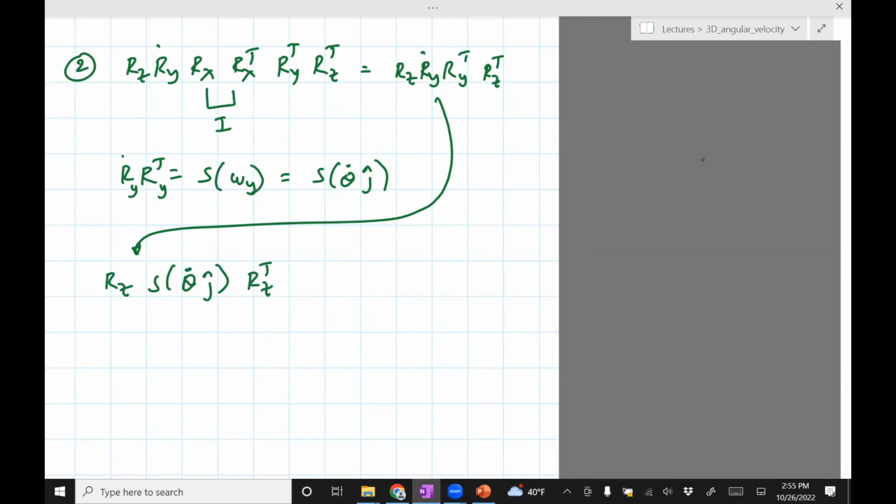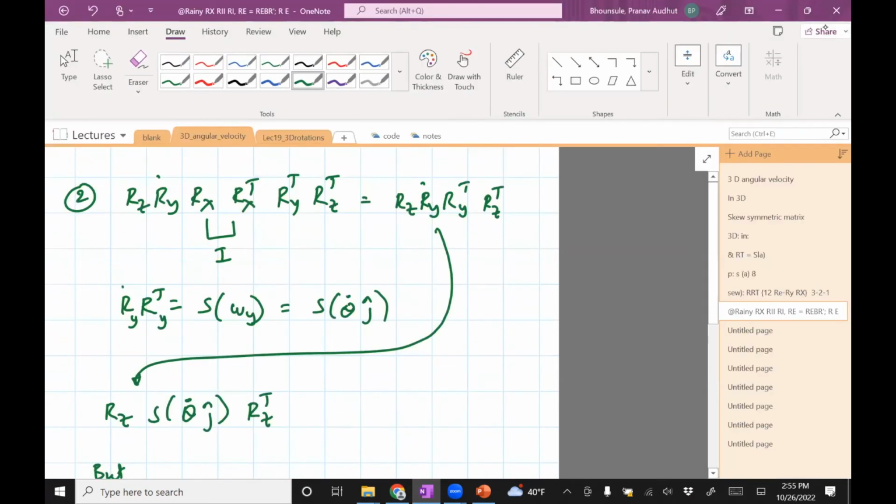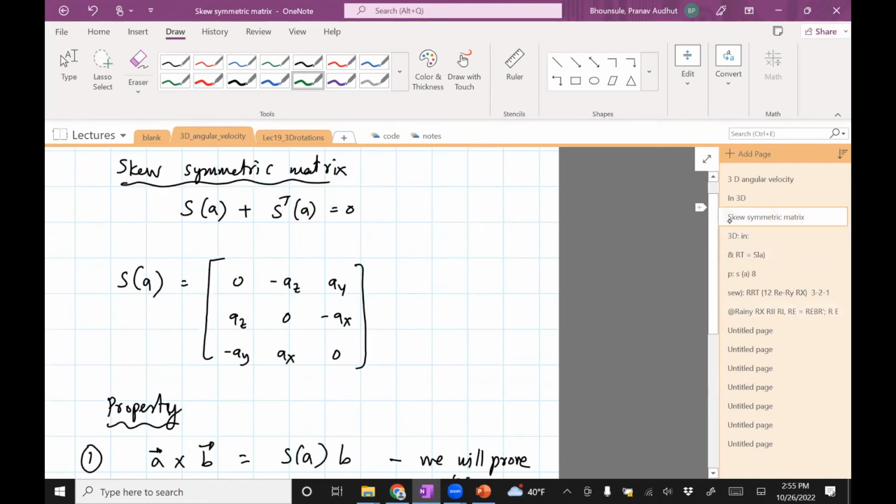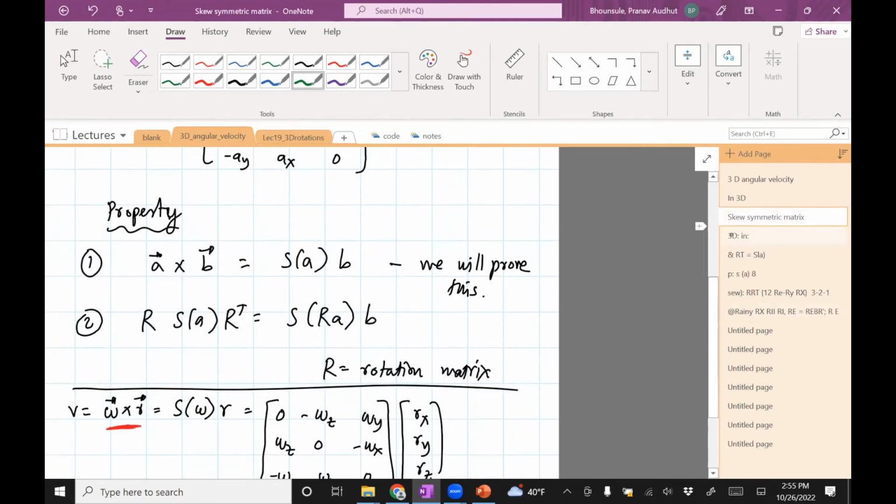Now there's another property I need to use, which I wrote down but did not prove. This is the property: R times S of A times R transpose is S of R A. Where did the B come from?